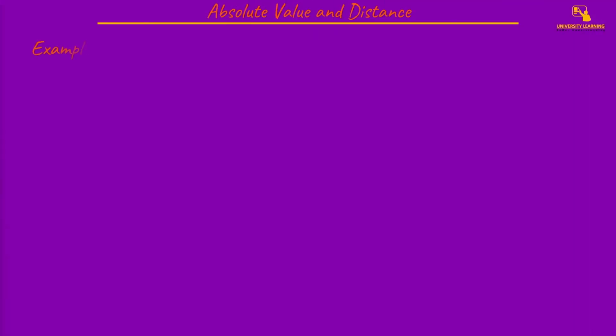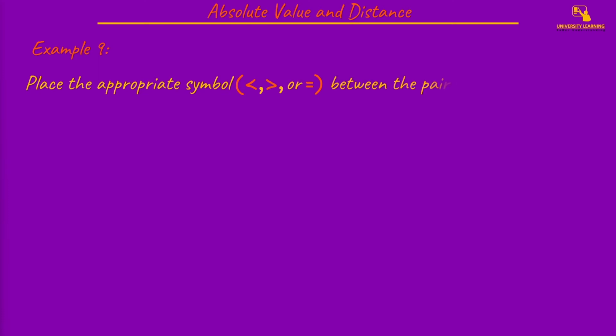So let's have an example. Example 9. Place the appropriate symbol, less than, greater than, or equal, between the pair of real numbers. Part A, you have the absolute value of negative 4. Is it greater than, less than, or equal to the absolute value of 3?